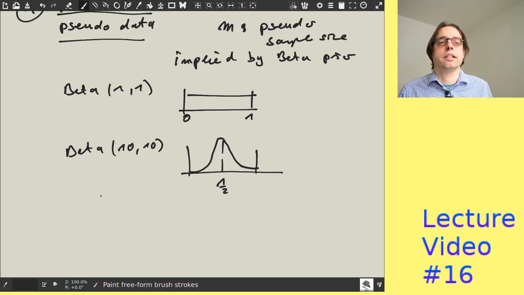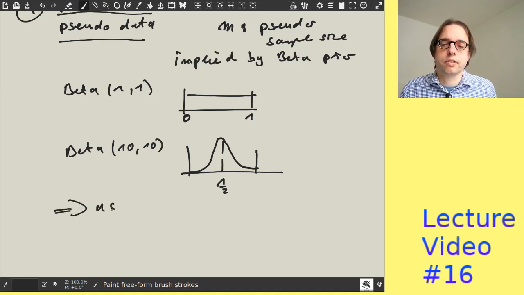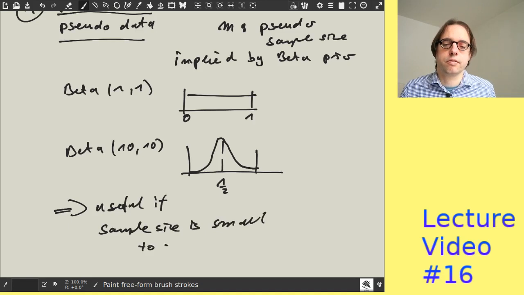So the solution is using priors that basically fill in data. This is useful if the sample size is small to avoid overfitting.